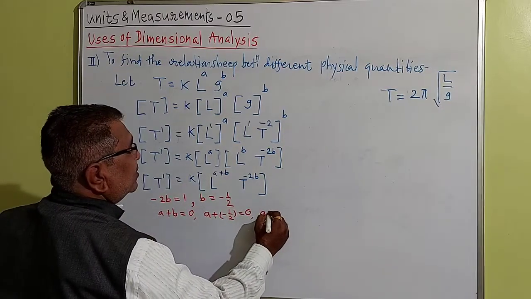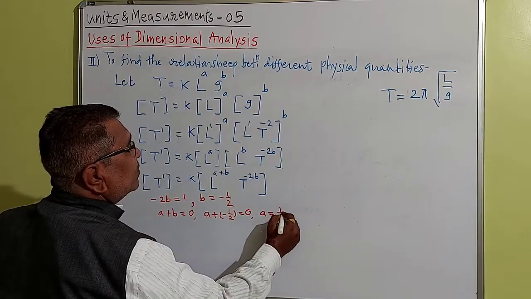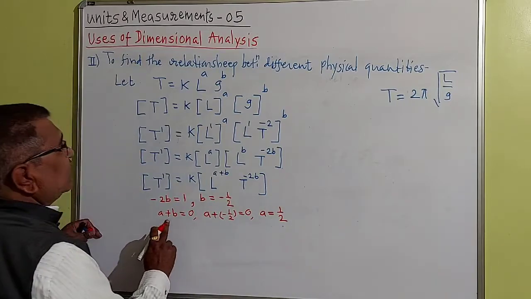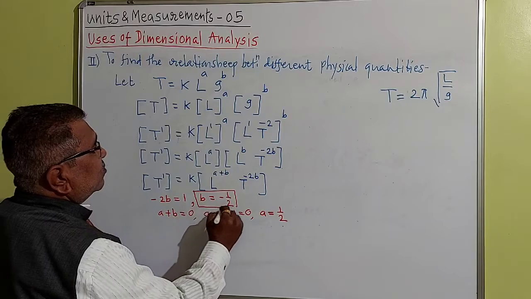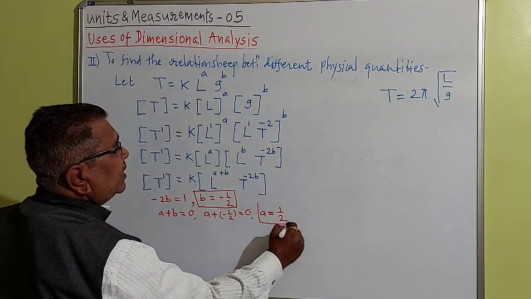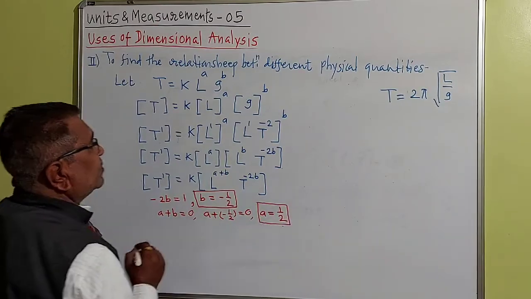So you will get a = 1/2. So we get b = -1/2 and a = 1/2.